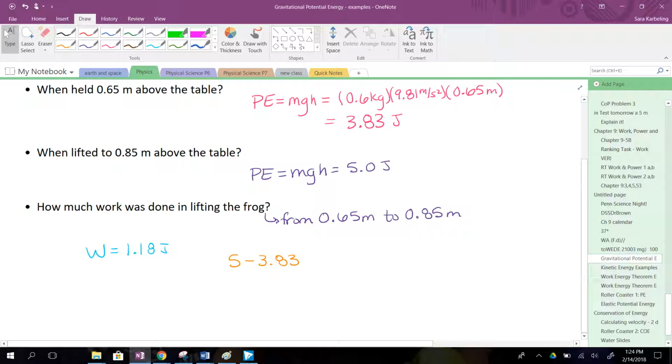We calculated potential energy. So that's the final potential energy, and this is the initial potential energy, yeah? And you subtracted them, and you got 1.17, 1.18, something like that. Oh, and so why in the world did you subtract those things? Because what was the work done lifting the frog, so we thought lifting it from 0.65 to 0.85.